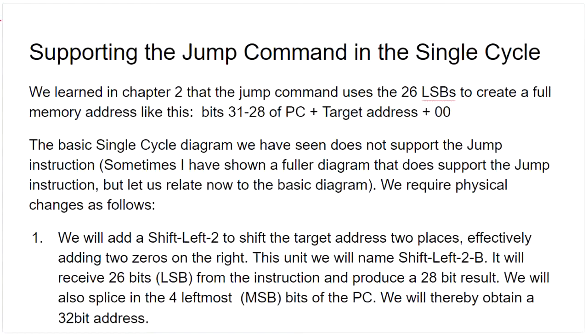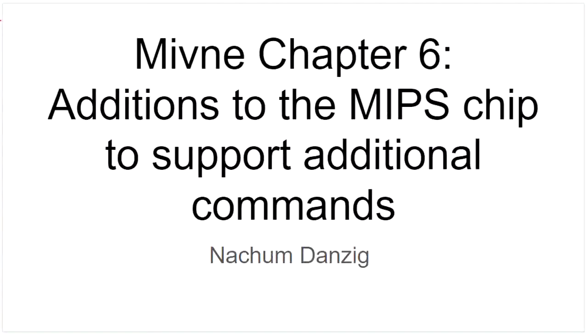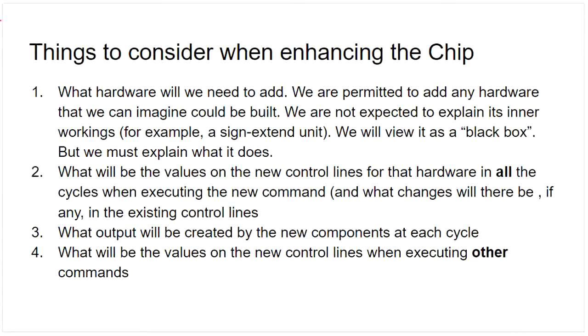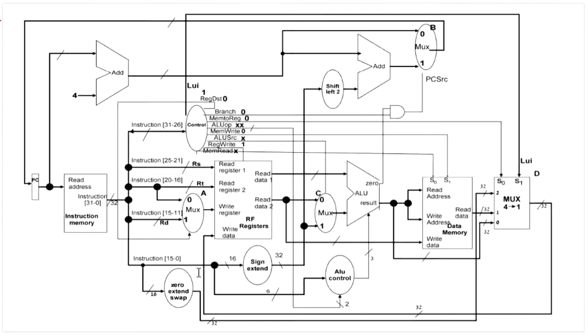And you have to answer these questions. Remember we said at the beginning, what hardware do I need to add, what will be the value of the control lines, what will be the output by the new component, and what will be the values on the new control lines when it's not executing. That was the 0 if it's not a jump.